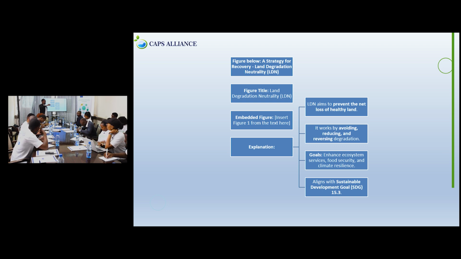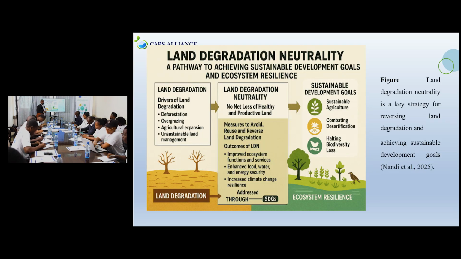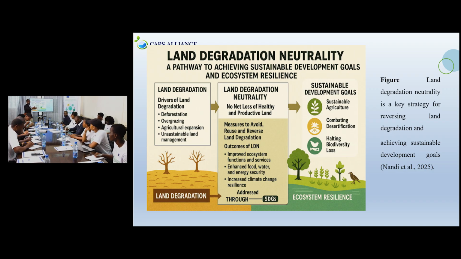What are some of these SDGs that we have? Very good, yes. We have zero hunger. Very good. That is SDG number? No, it should be number 2. Okay? SDG number two is zero hunger. What are the SDGs aligned with climate-smart agriculture?